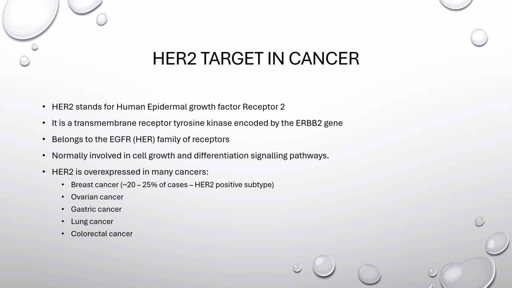The reason we are interested in it is because it's overexpressed in many cancers: in breast cancer, up to 25% of cases, and in ovarian cancer, gastric cancer, lung cancer, and colorectal cancer. This is the reason why it's been selected as a potential target. However, there are some issues with it, but we have ways of overcoming them.